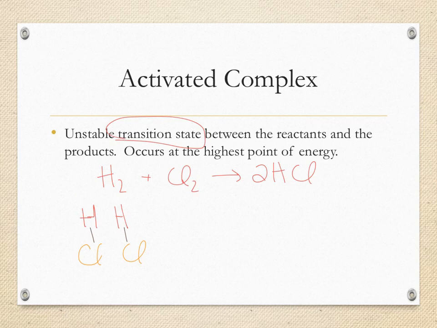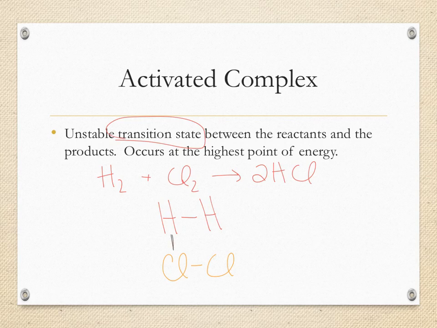So I'm going to erase it and draw it all over again and talk about the activated complex as we're going. So again, my hydrogen molecule is two H's that are connected together. And my chlorine molecule is two Cl's that are connected together. So the first thing that happens is we get a bond between the H's and the Cl's.